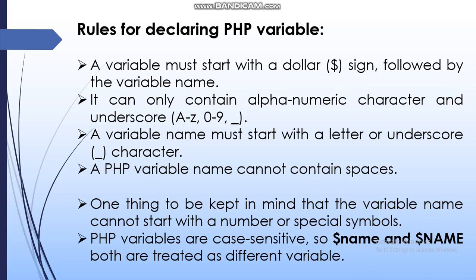Now we'll see the rules of variable declaration in PHP. Every language has different rules. In PHP a variable must start with a $ sign, already discussed, followed by the name of the variable, and it can only contain alphanumeric characters and underscore, that is capital A to Z, small a to z, 0 to 9.